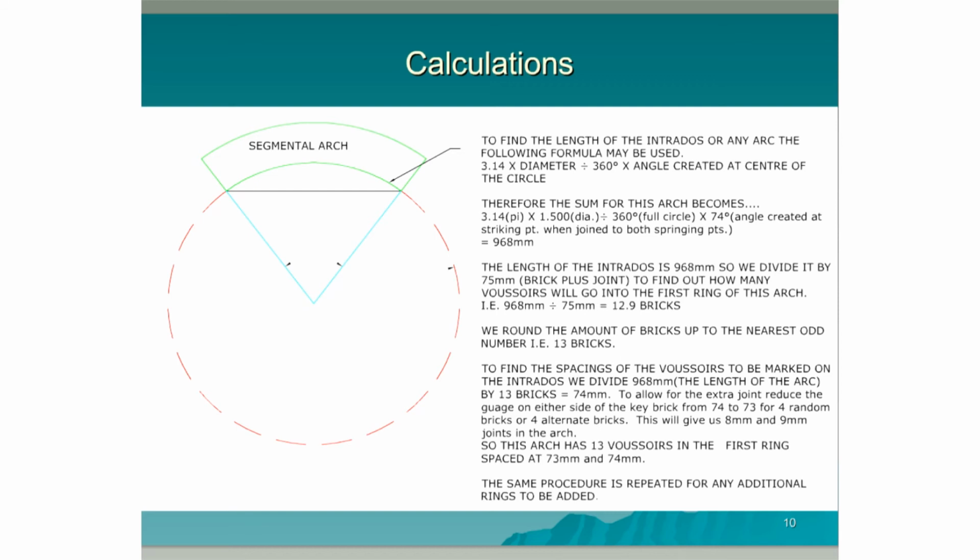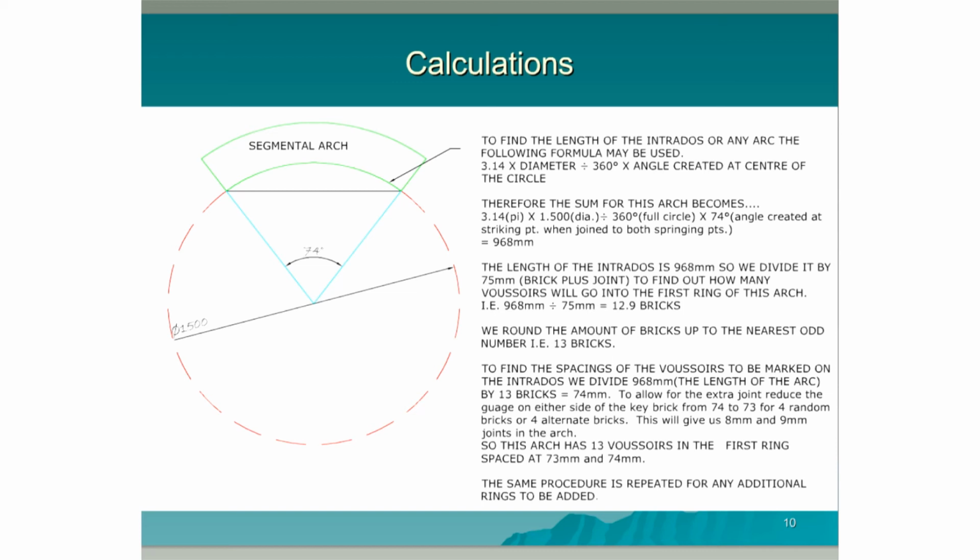Therefore, the sum for this arch becomes 3.14, which is pi, multiplied by 1500, which is the diameter, divided by 360, which is the full circle, multiplied by 74 degrees, which is the angle created at the striking point when joined to both springing points. So we end up with a measurement of 968 millimeters. This is the length of the curve. The length of the intradose is 968 mil.